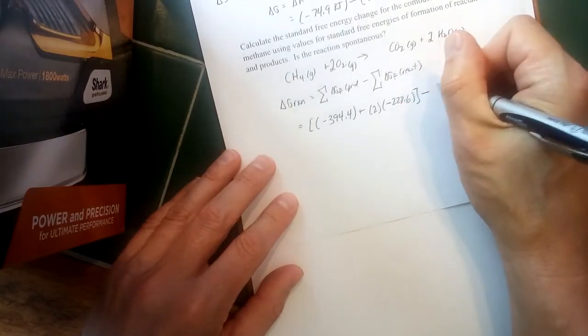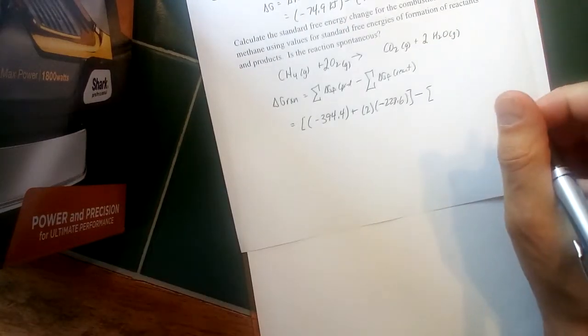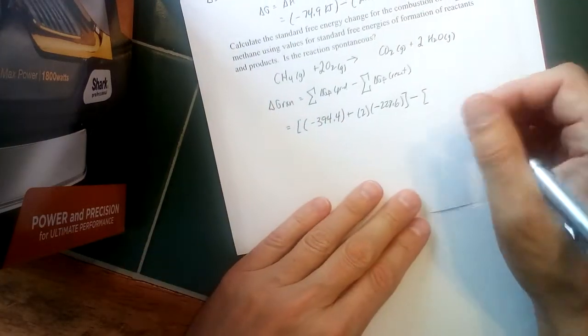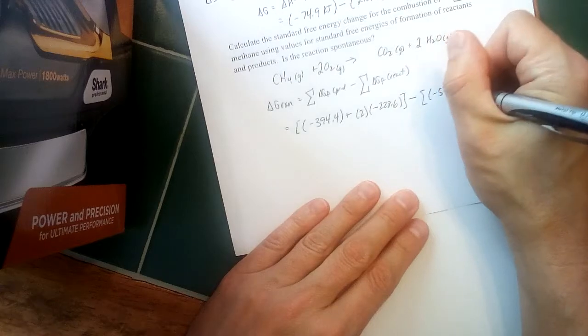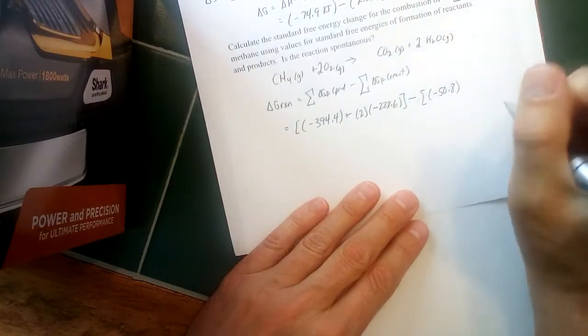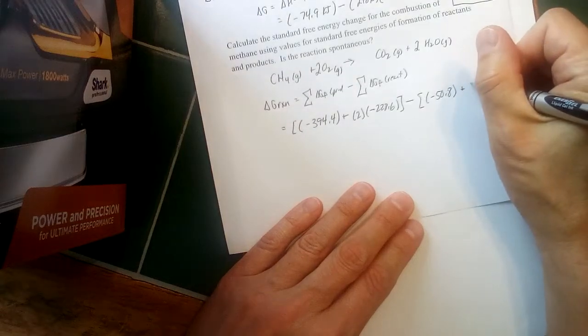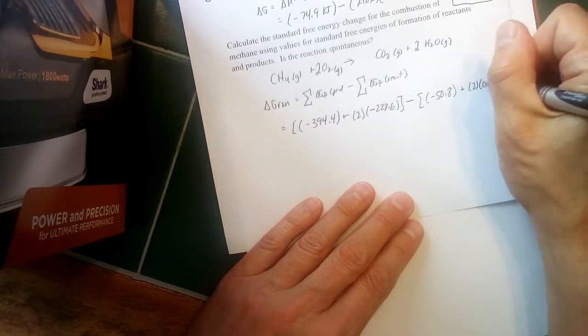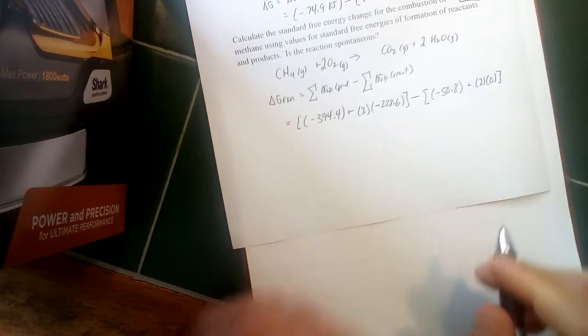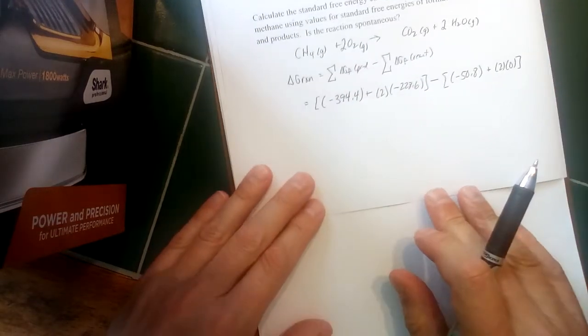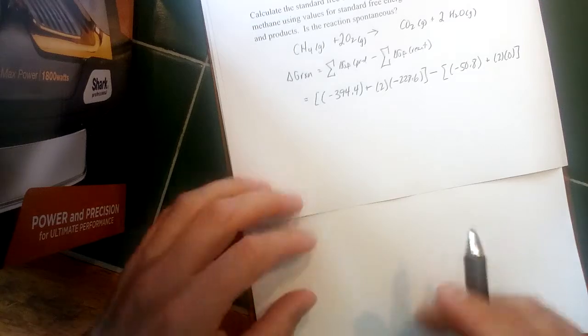That's our products. Sum up the reactants, starting with CH4 or methane. Find that in the back of the textbook, that's minus 50.8. And then oxygen, standard free energy for elements in their most stable form is 0, similar to the way enthalpy is 0. So the oxygen contribution there is 0.